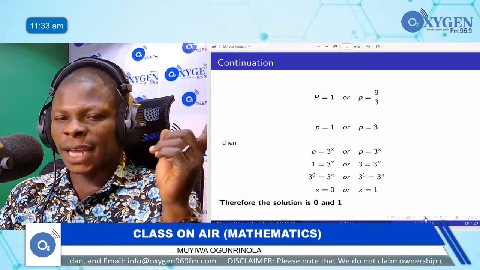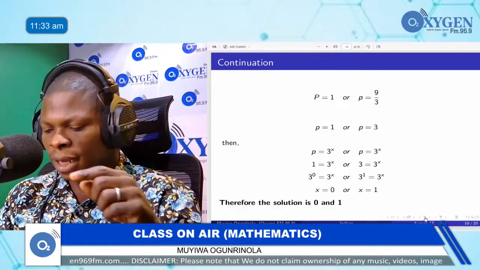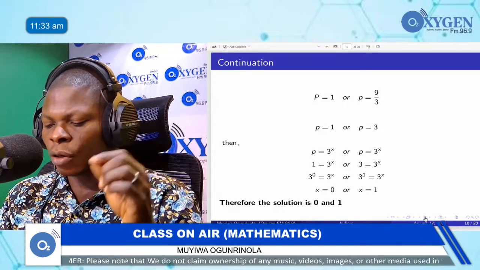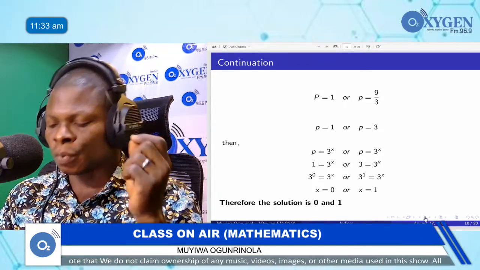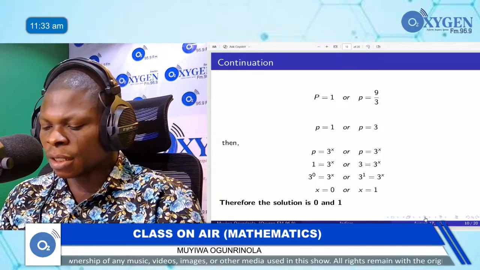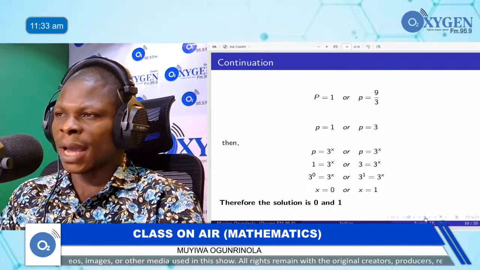Then don't forget that we represent our p with 3 raised to power x. So we need to substitute when p is equal to 1, and also when p is equal to 3. When p is equal to 1, it will be 1 equal to 3 raised to power x.